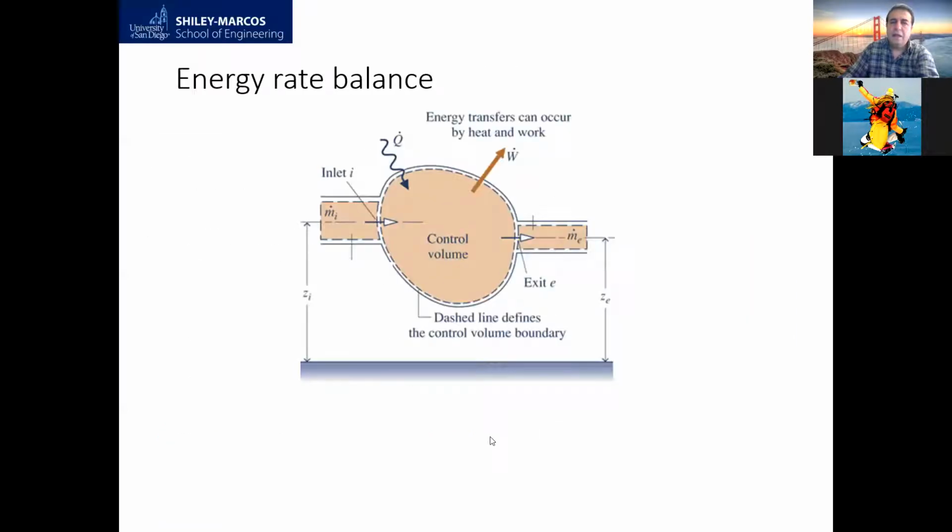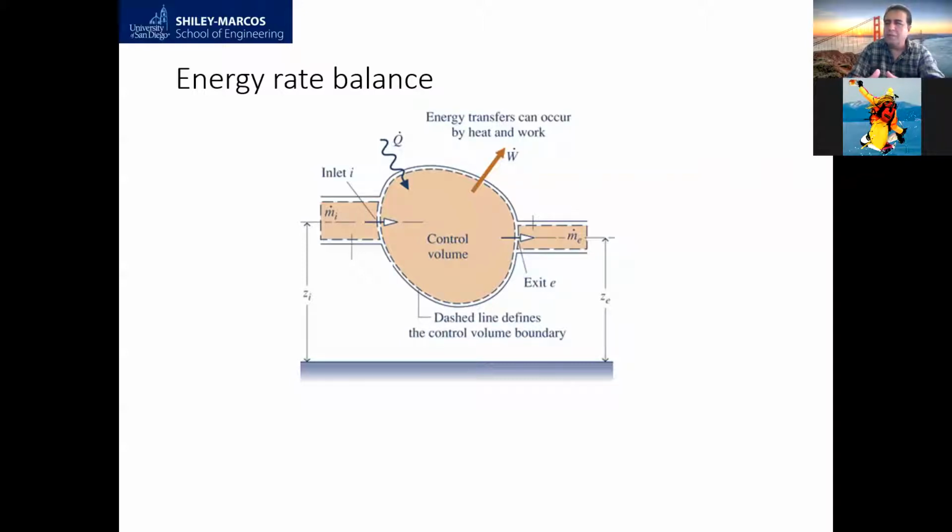Next, energy rate balance, because we are going to incorporate the internal energy, the heat transfer into the control volume, and the work leaving the control volume, which we call a work rate.